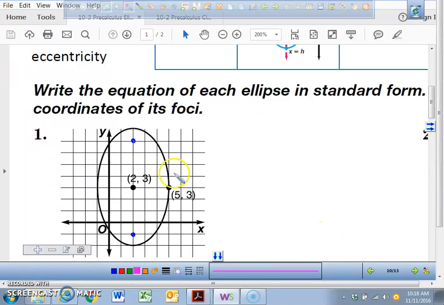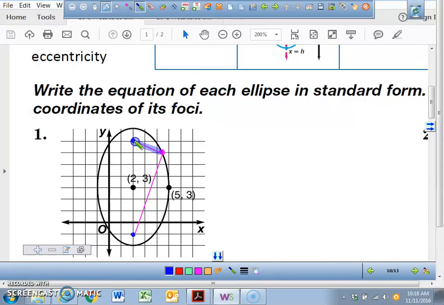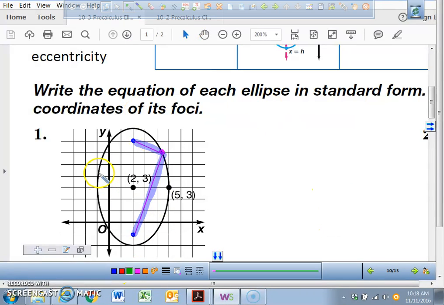If I take a random point on the ellipse, and I make a section from this point to this focus, and from this point to the other focus, the distance of this plus the distance of this will be the exact same as if I were to take another point, randomly put it on the ellipse, and connect this point to each focus.